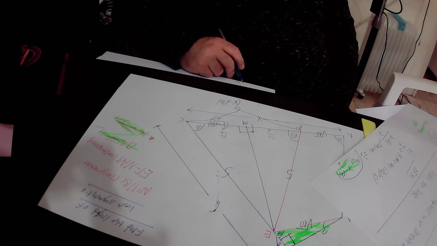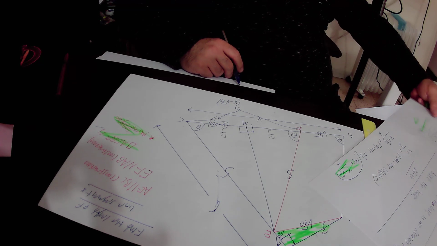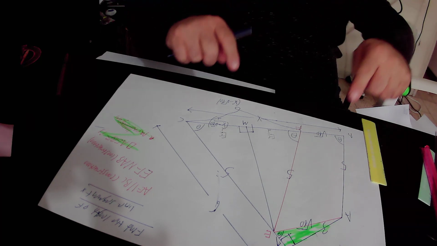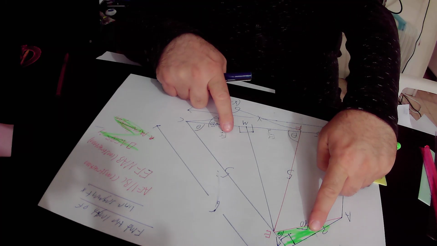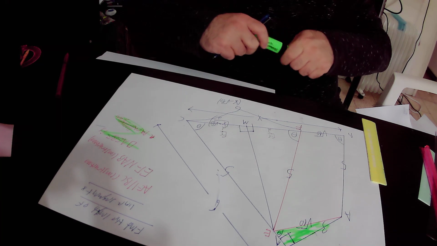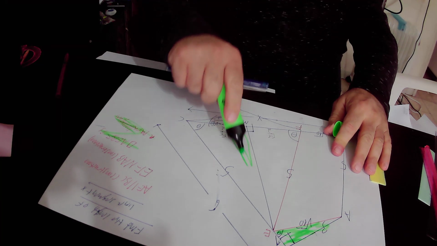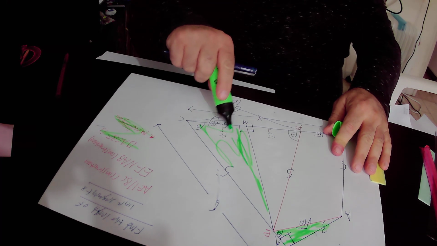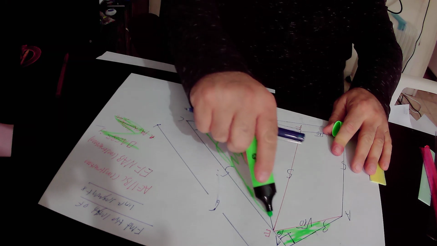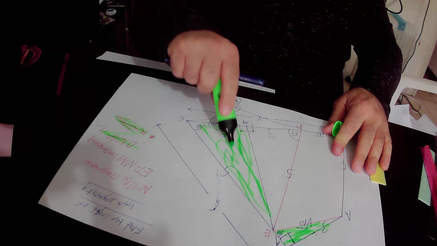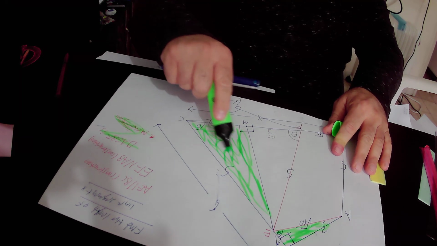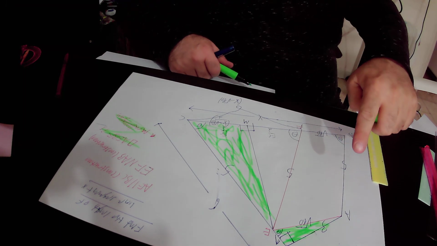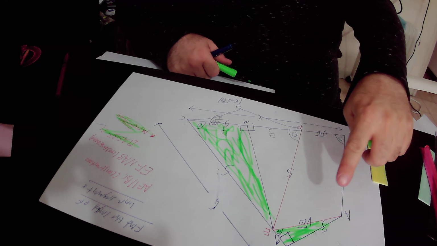So, in the next step, we will prove that those two right triangles are similar to each other. We will prove that the green right triangle EMC is similar to the green right small triangle ADE.